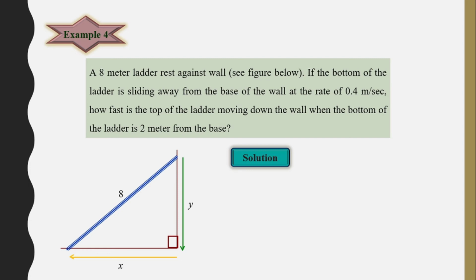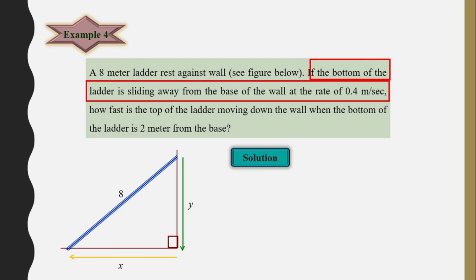In this question, we know that the bottom of the ladder is sliding away from the base of the wall, which is distance x, at the rate of 0.4 meter per second. So, this is the value of dx/dt.